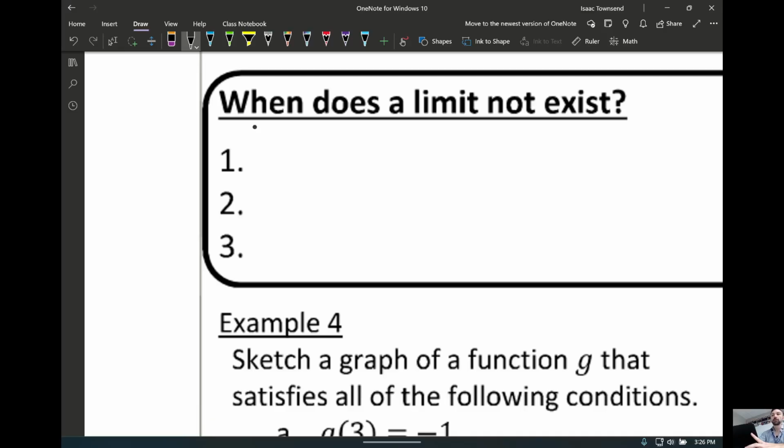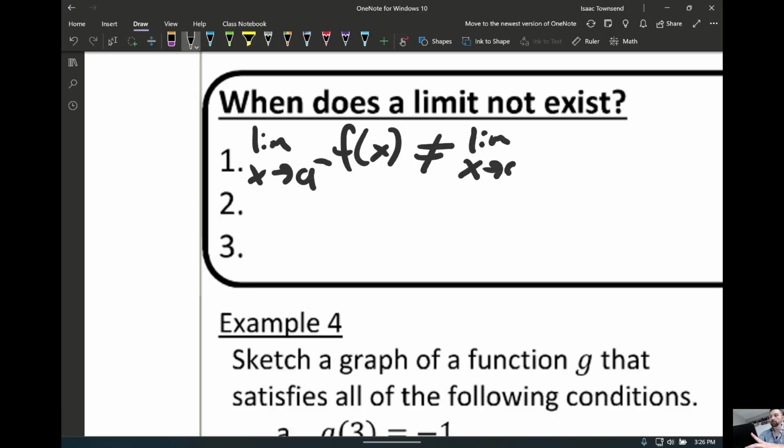Very good. So in math terms, we can say as x approaches that number from the left, it's not the same thing as when you approach that number from the right. Now I'm putting a here. A is just some generic number. I'm not putting the number 2 there because I don't want you to think it only works as x approaches 2.